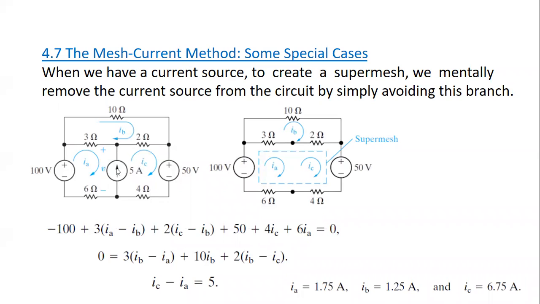Okay, so the problem is that when we write KVL for mesh A and KVL for mesh C, we will not be able to express the voltage drop across this current source.